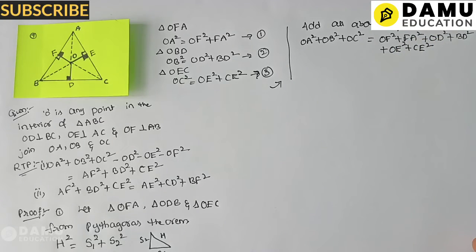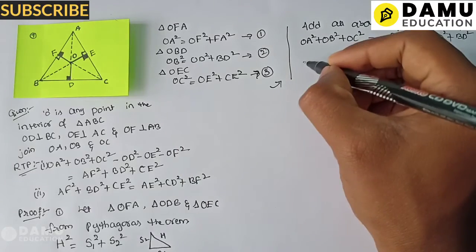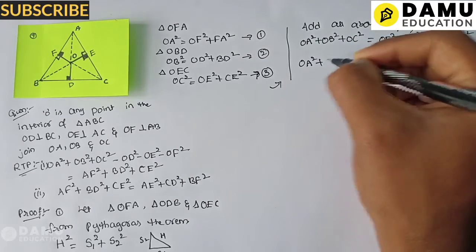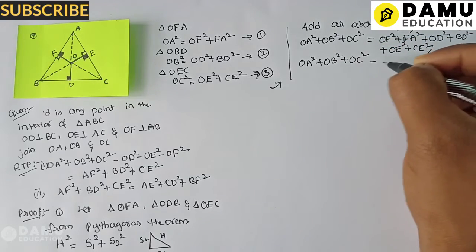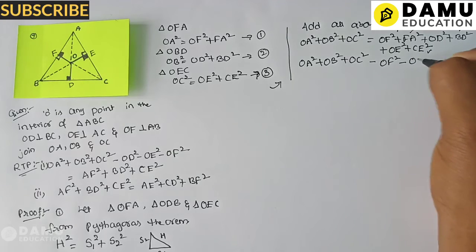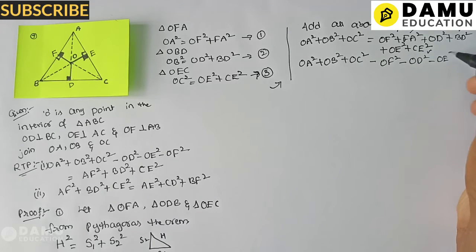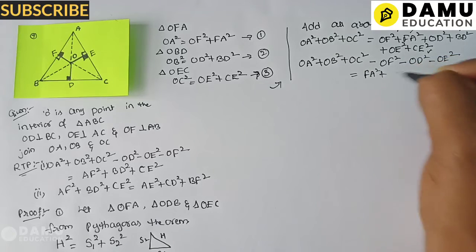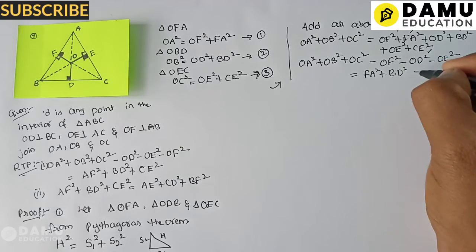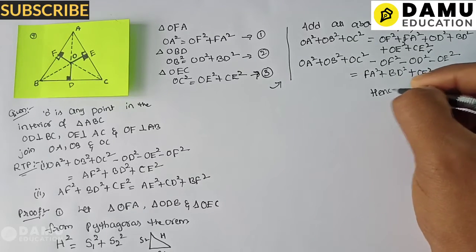So you can keep on the right side whatever we require, FA square, BD square and CE square. Shift all the remaining ones to the left side. That is OA square plus OB square plus OC square minus OF square minus OD square minus OE square will be equal to AF square plus BD square plus CE square. Hence proved.